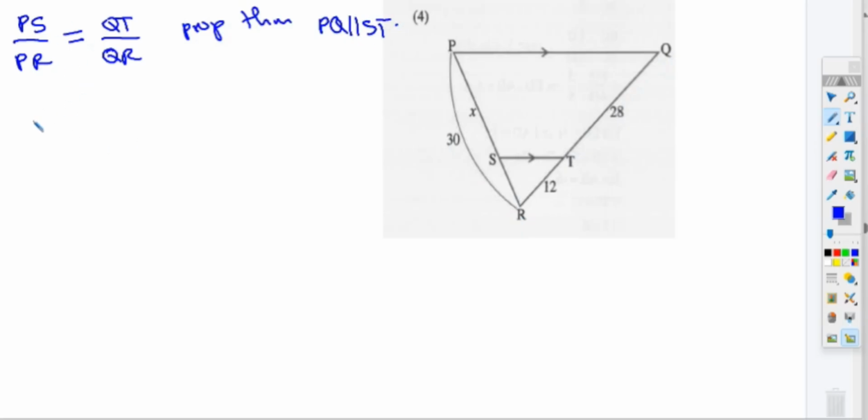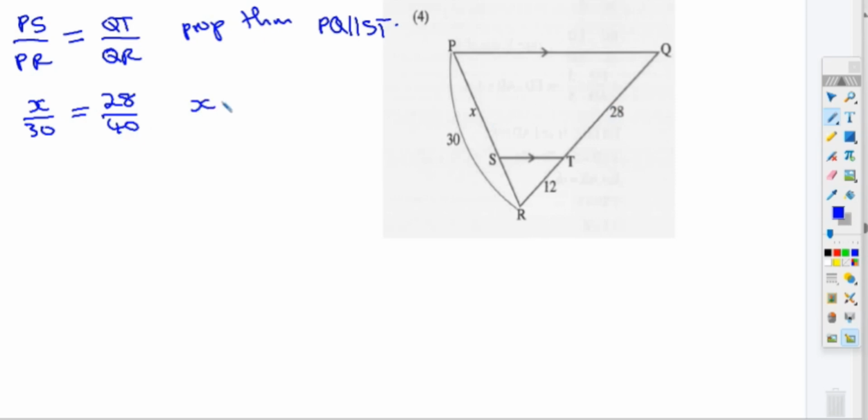Now substituting there, our PS is X and our PR is 30, and that is equal to 28. Therefore QT over, we said QR, we add these two to get 40.